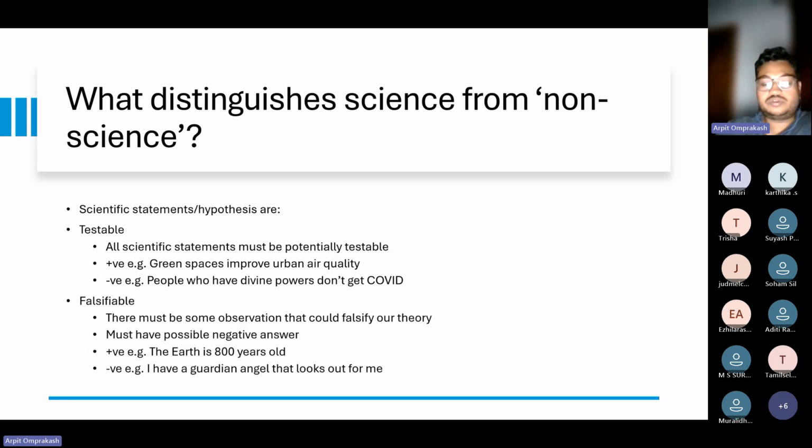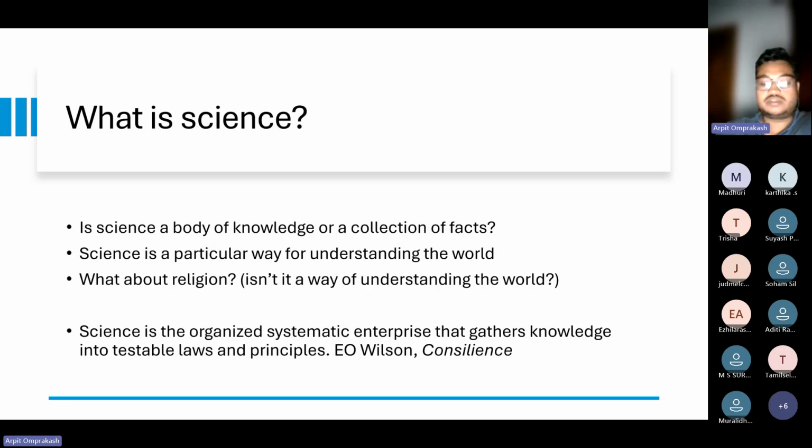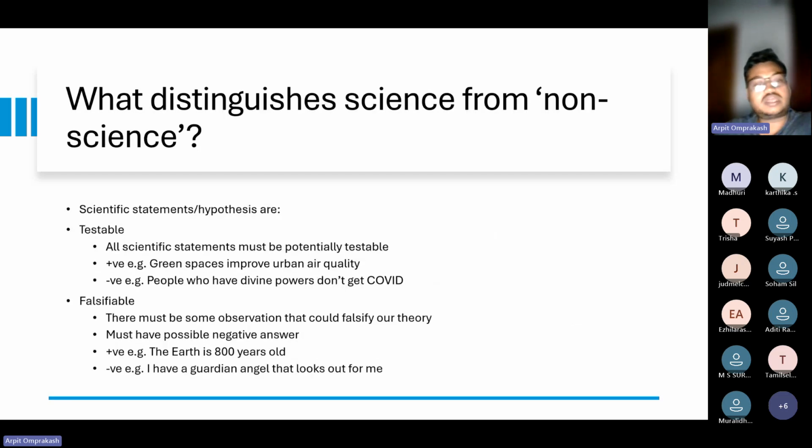As mentioned before, scientific statements or hypotheses should have two things. One is they should be testable, and the second is they should be falsifiable. Testable means any scientific statement must be potentially testable. For example, a positive example of a testable statement would be that green spaces improve urban air quality.